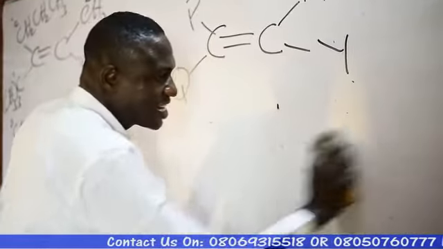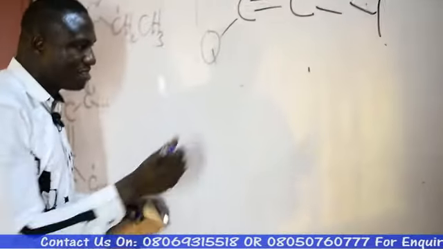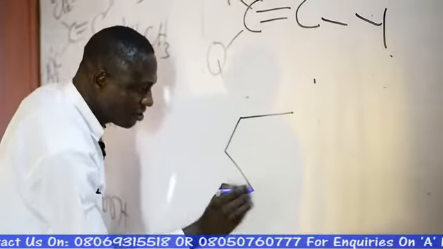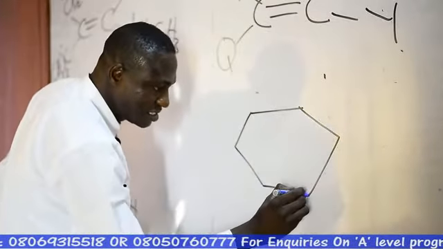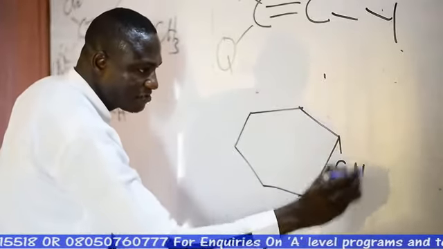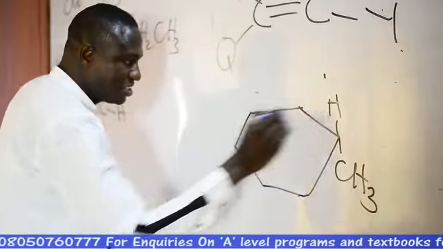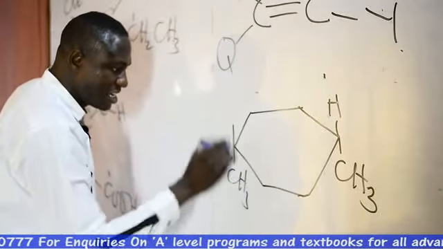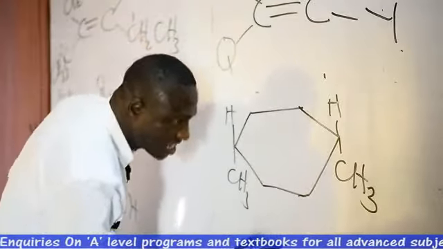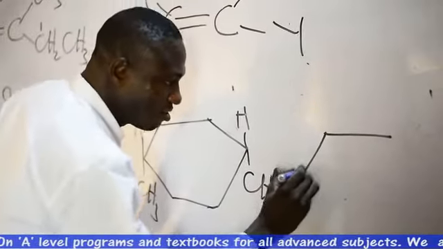We also have it in cyclic molecules. A typical example is this. Just take a look at this. This is cyclohexane. If you have CH3 here, hydrogen here, then you have CH3 here, hydrogen here. Then this is another isomer of that molecule.